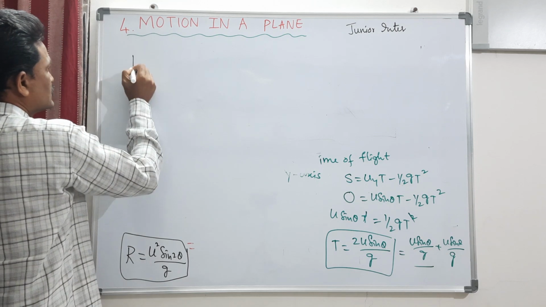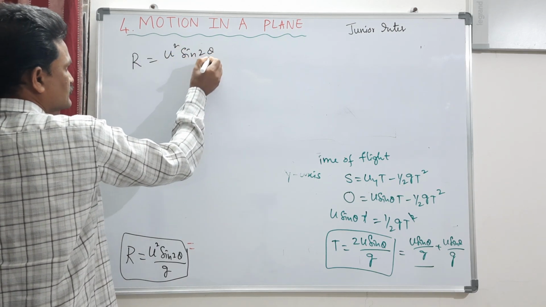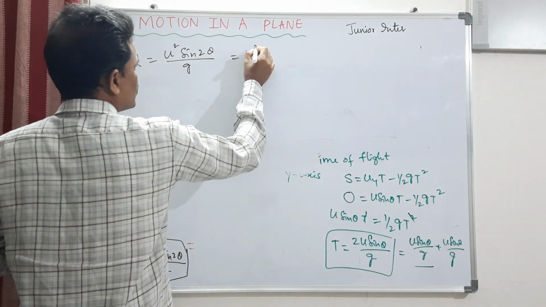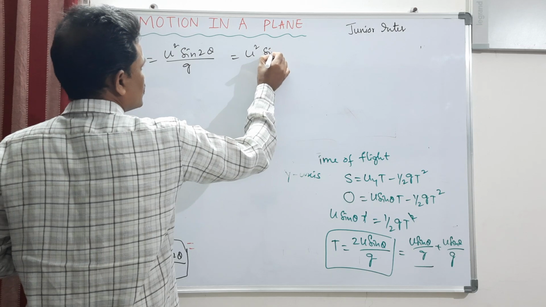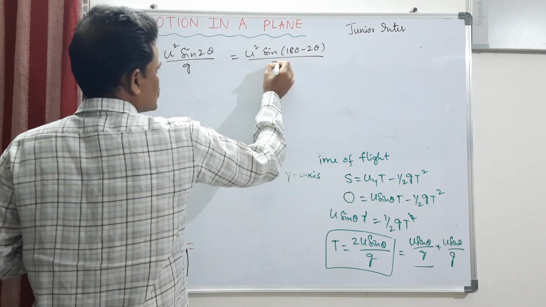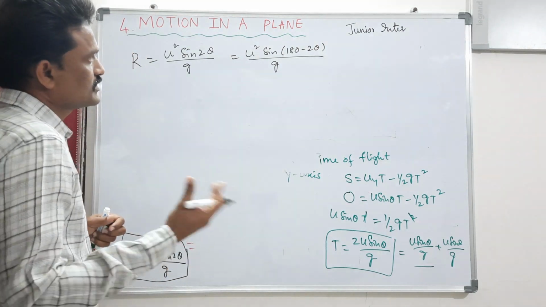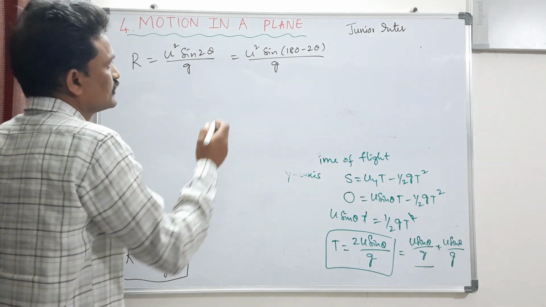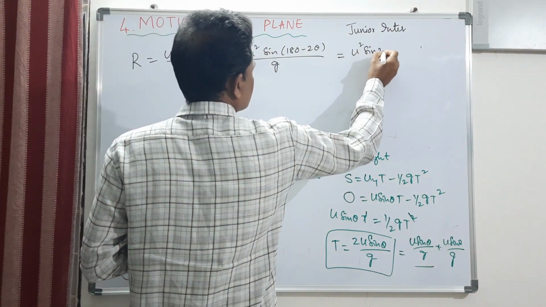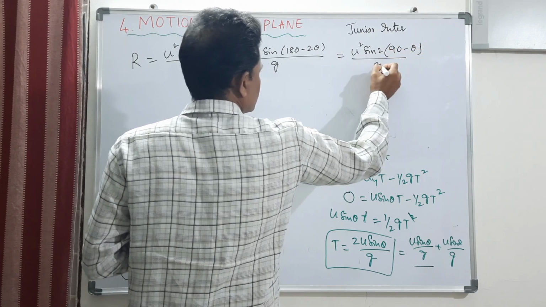Now I take the equation as it is, r is equal to u square sin 2 theta by g. So I can write this as u square sin 180 minus 2 theta by g, because sin 180 minus theta once again gives the same value, that is sin theta. So this can be written as u square sin 2 times of 90 minus theta divided by g.